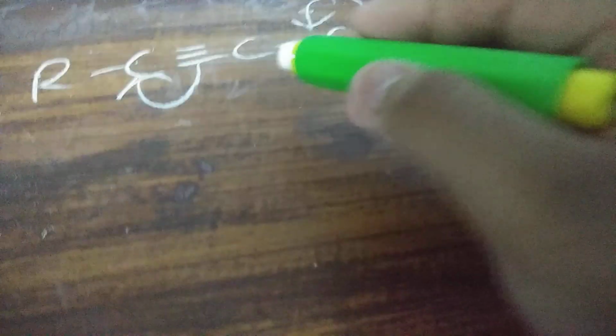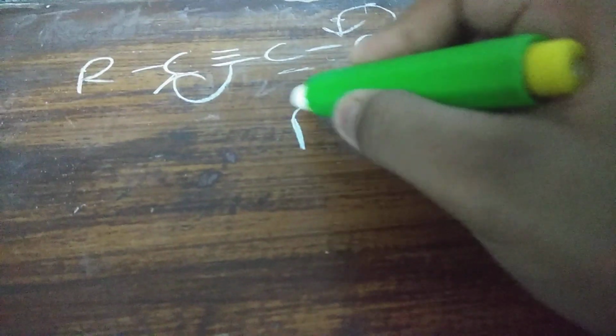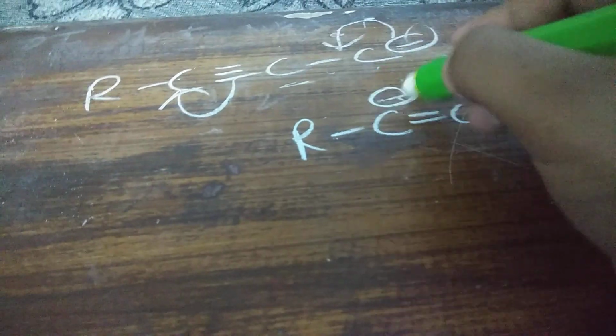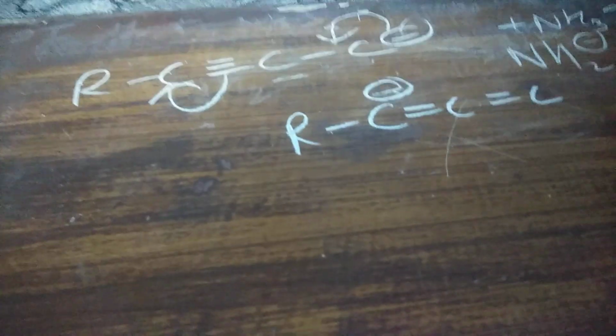Now this comes down and this comes here to maintain the bonds, so as to maintain valency here. So this is formed. Now the next part of this reaction would be really tough.